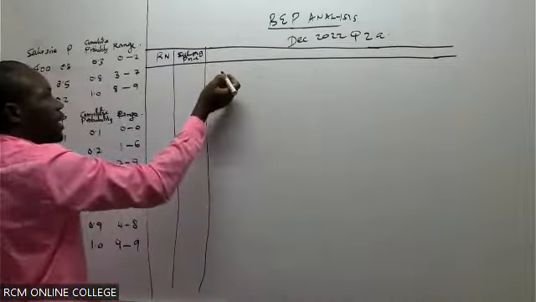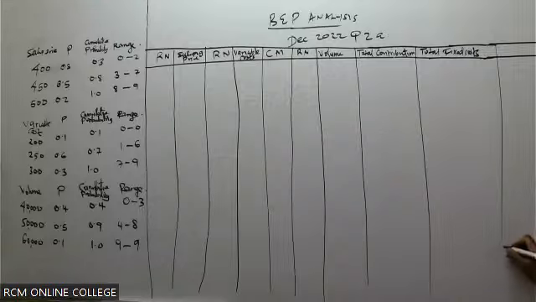Once you have the total contribution margin, you will be able to take us now to total fixed costs, which will now lead us to the point of getting net profit. Good. So let's come to the first one.